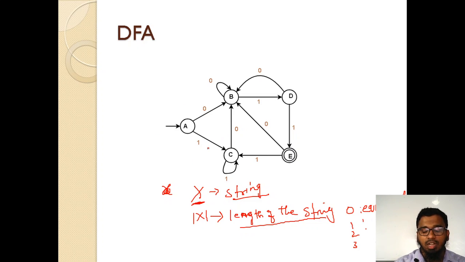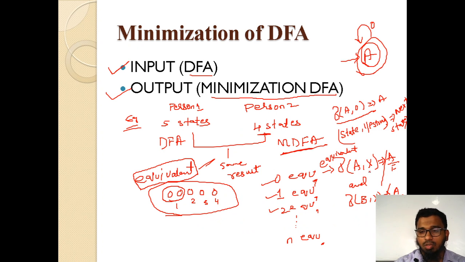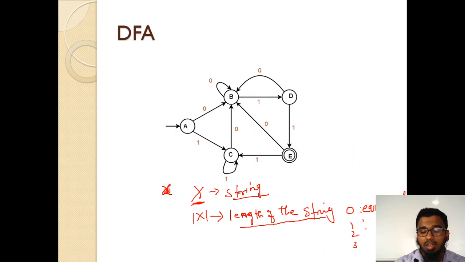With the help of this example we finished that. Here I use only x, which means a string, 0 or 1. If you have mod x, then it is the length of the string. We will see 0 equivalent, 1 equivalent, 2 equivalent.